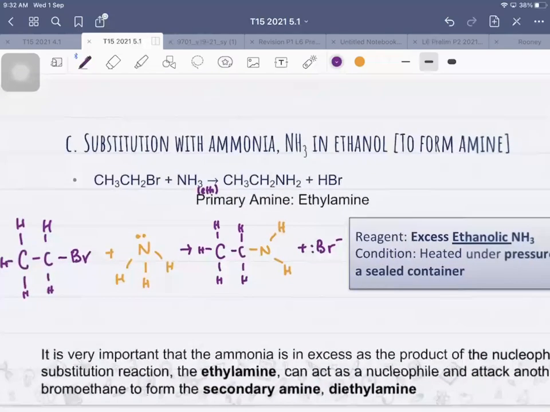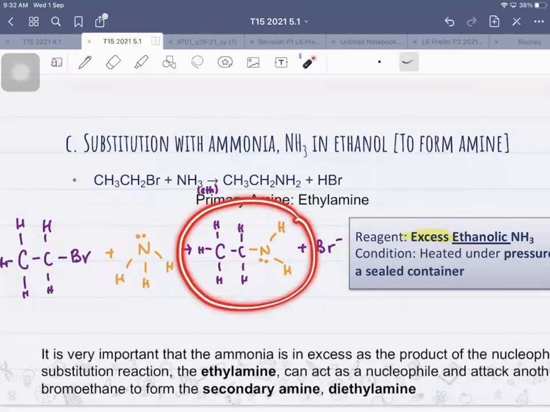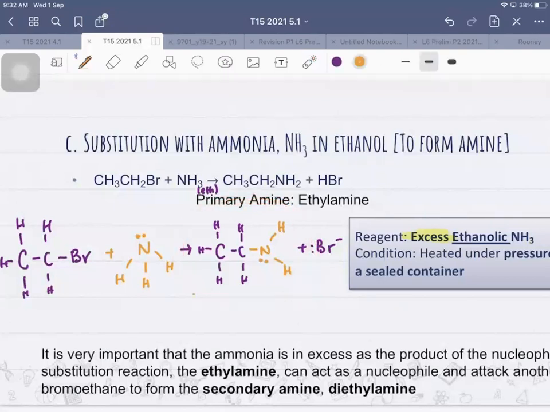You need excess. The reason why you need excess ammonia is because your product, we call this an ethylamine. So the ethyl comes from the 2 carbon, and the amine comes from the NH2 group.